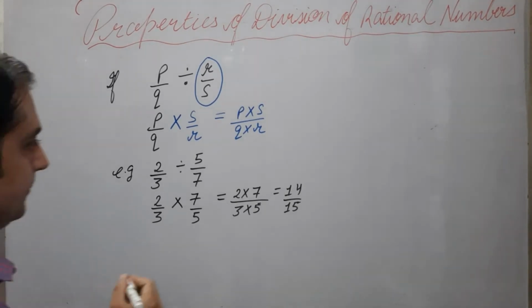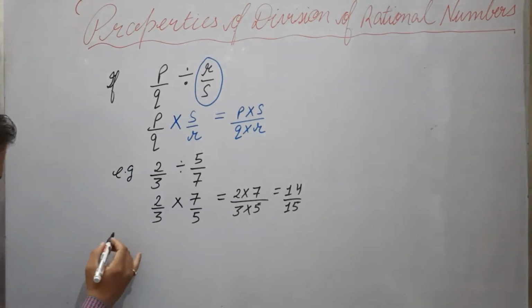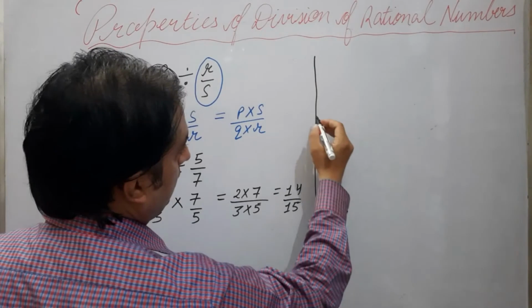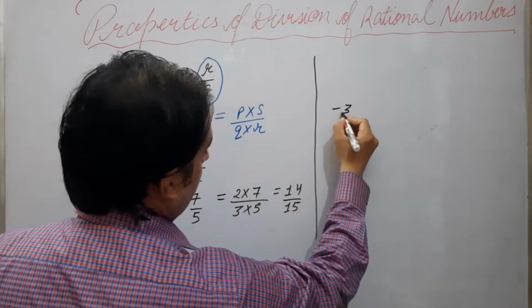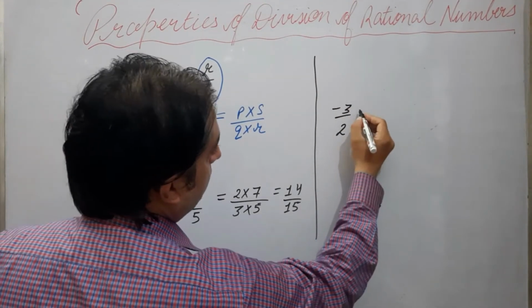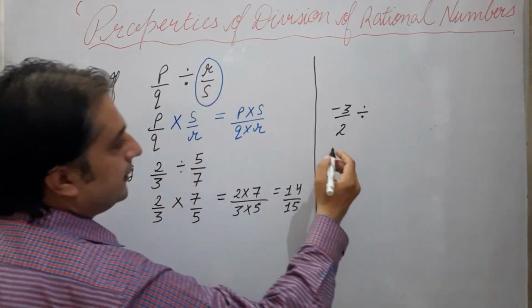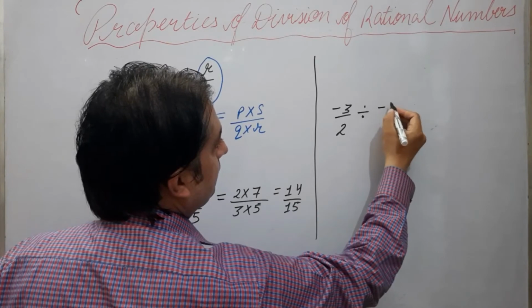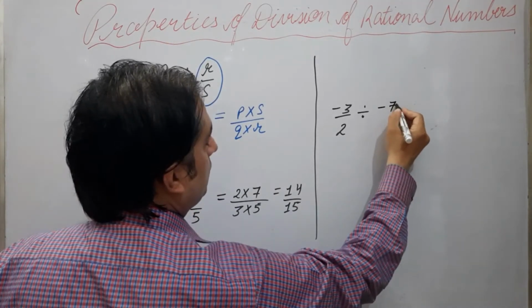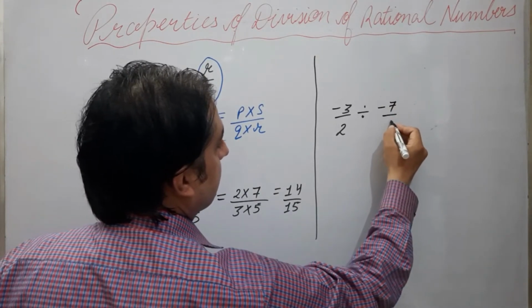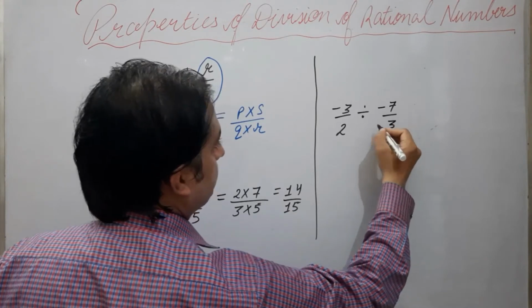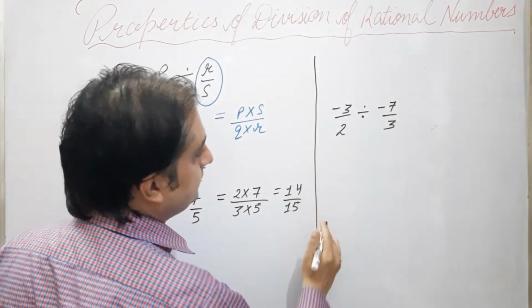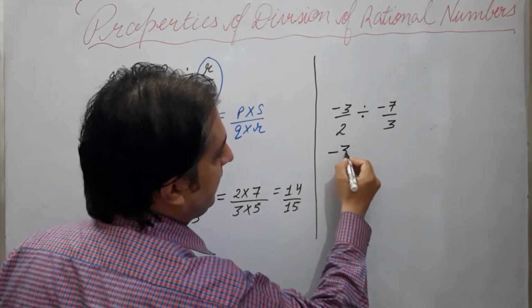Let's take another example. If I have the number minus 3 upon 2, which is to be divided by minus 7 upon 3, you take the dividend as it is.